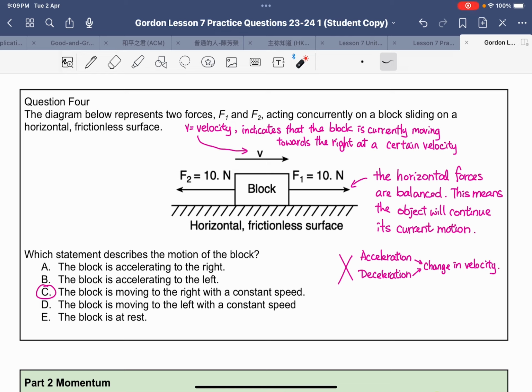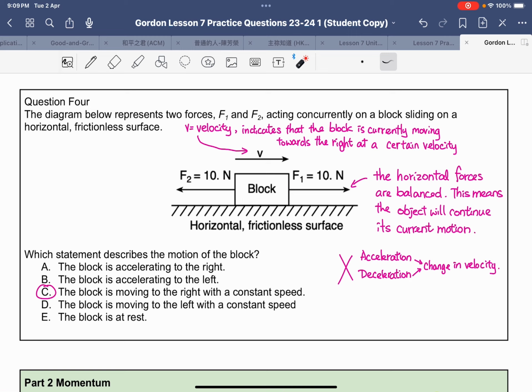So given this diagram, do you know what type of motion the block is doing? And the answer is C. It is moving to the right, because that's what the velocity is, towards the right, with a constant speed. The reason why it's a constant speed is because the 2 horizontal forces acting on the object are exactly the same. So that means they're balanced.